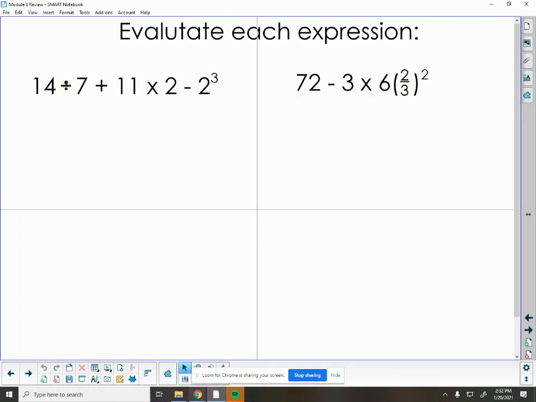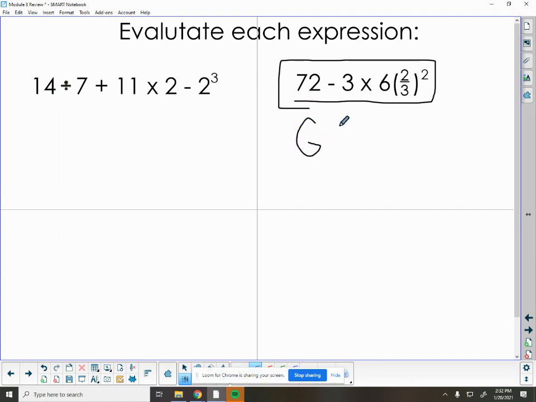So the first mistake I made was on this problem here. So we need to use our gems. So I need to come to my group. So 2 divided by 3 is still just 2/3. So my groups are done. So now I need to look at my exponents. So I have this exponent here.